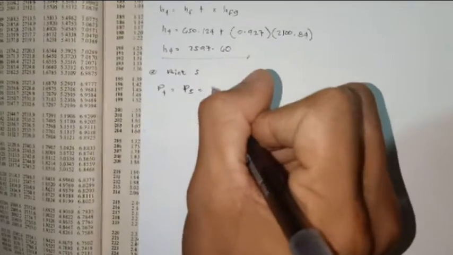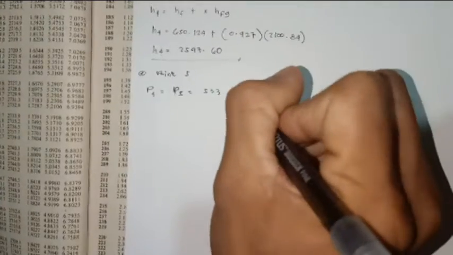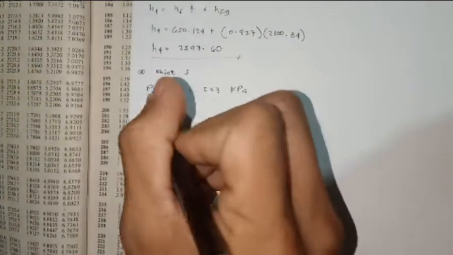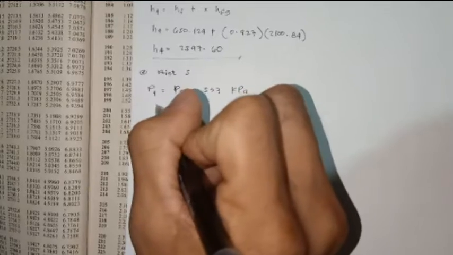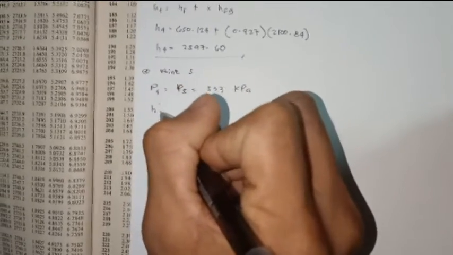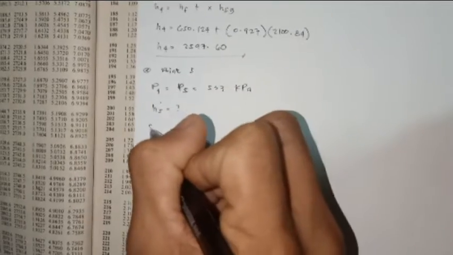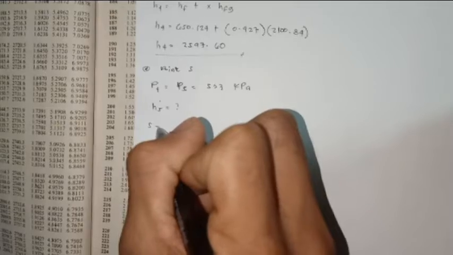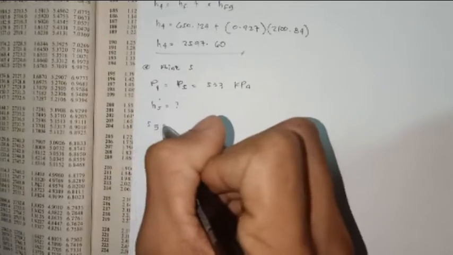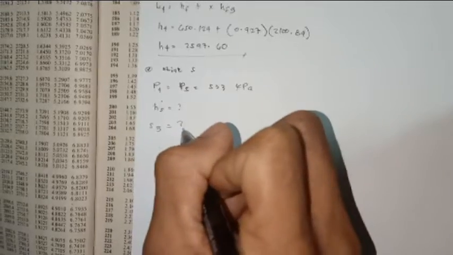So pressure 5 is equal to 533, just copy the pressure 4, kilopascal. H5 is unknown.